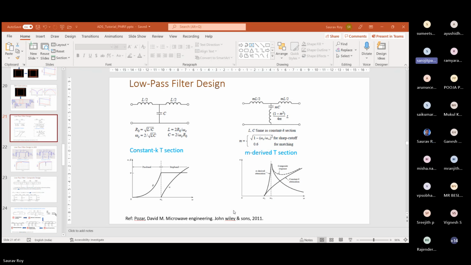Yes, microstrip line. No, I am saying, did you use the Rogers substrate and the given loss and permittivity? Everything has to match, then only you can get a similar response. Okay, you can check again.